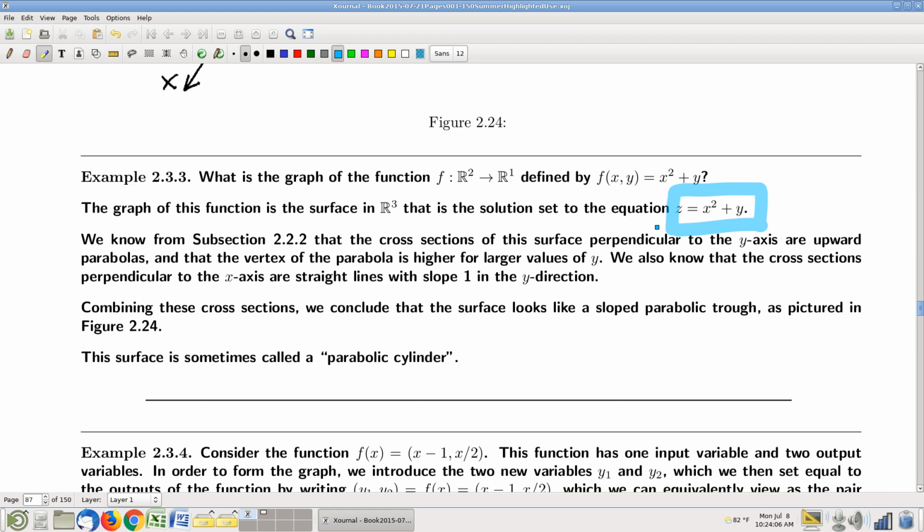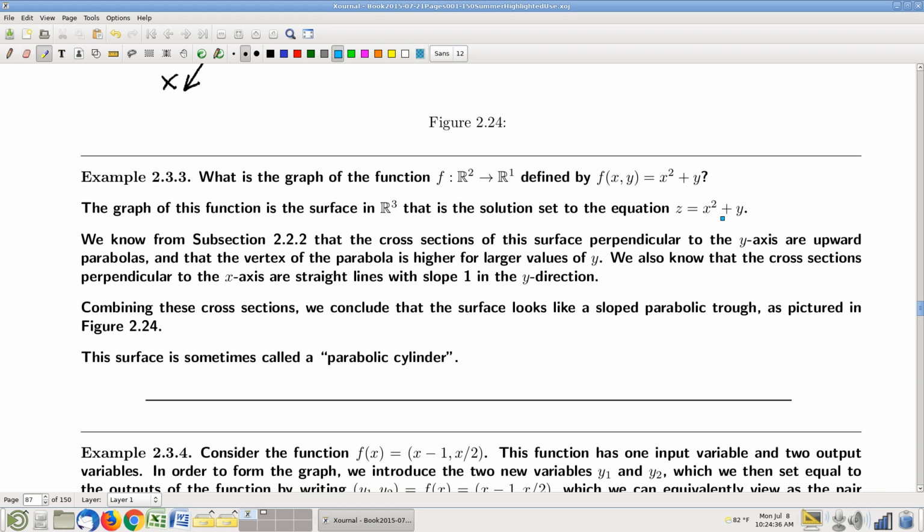Does this look sort of reminiscent of a surface that we already know that we could, maybe by translations or reflections or stretches or something like that, stretch out a known surface and make it look like this? And not really. It's almost as if there was a square there, but that's not a simple stretch. So no, there's really nothing we can do to recognize this from something previous.